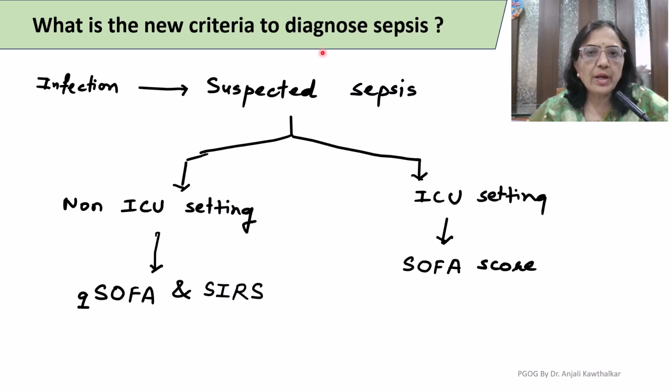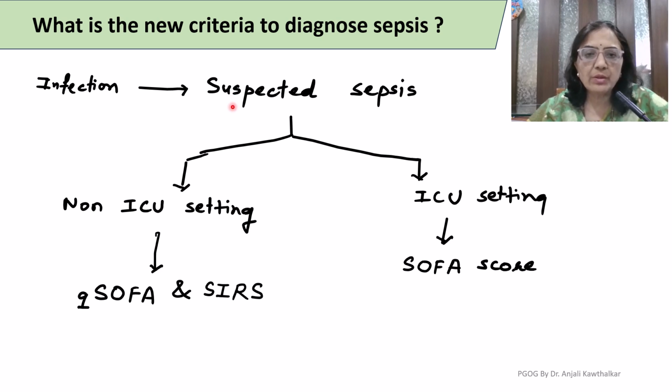Now, what is the new criteria to diagnose sepsis? Whenever there is a suspected sepsis in a patient who comes to us with infection, any infection. As I have given the example of urinary tract infection, sometimes the patient can have a respiratory tract infection, pneumonia, or an unrelated infection, such as a skin lesion or abscess.